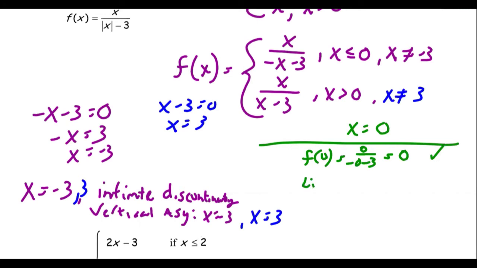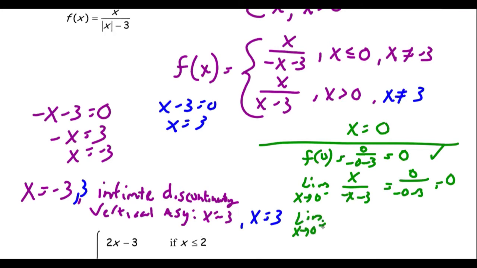Now I've got to compare the limit as x approaches 0 from the left, which will be my top equation, with my limit as x approaches it from the right. So as x approaches it from the left, what answer do we get? It's still 0. And the limit as x approaches 0 from the right is 0.